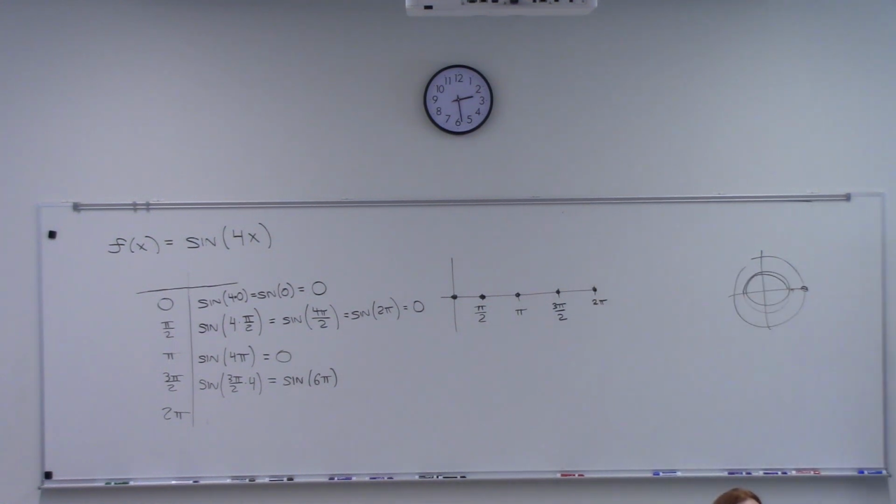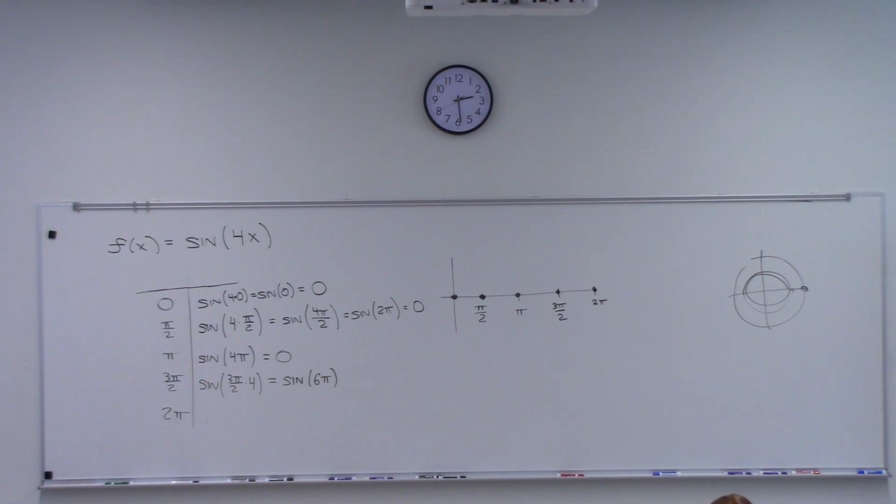How many complete cycles on the red one between 0 and 2 pi? One cycle on the red one, right? It just goes up and down, that's it. One time between 0 and 2 pi. But the blue one, between 0 and 2 pi, how many full cycles? 1, 2, 3, 4. 4 of them, right?